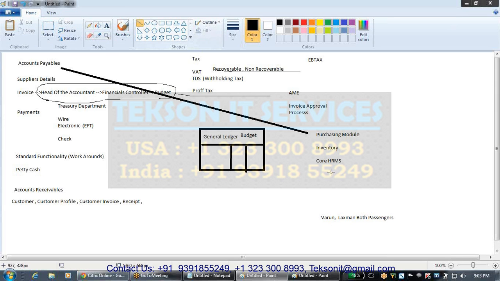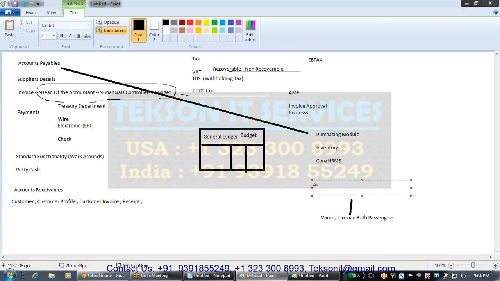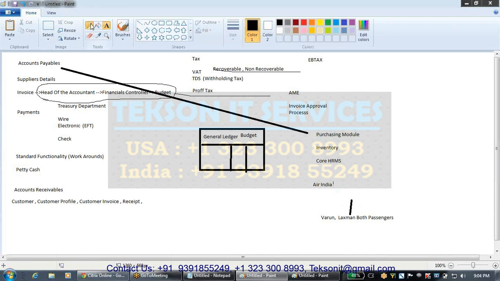So you go and book a ticket in Air India. You paid the money, you book the ticket by cash. They generated one bill and gave you the boarding pass or whatever. So they are using some billing system here.